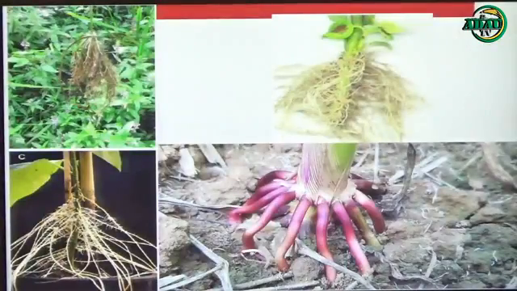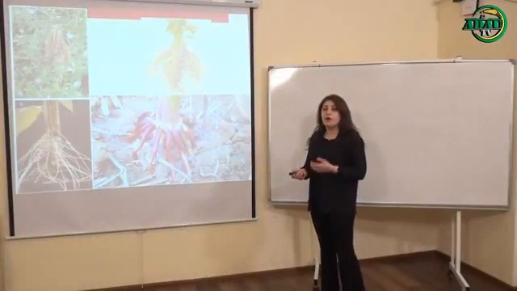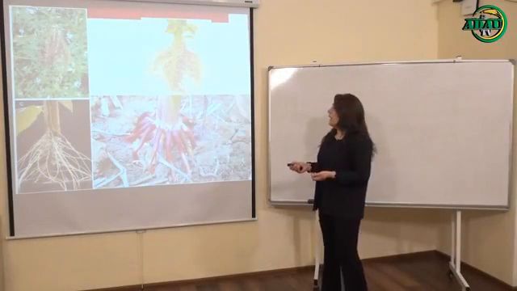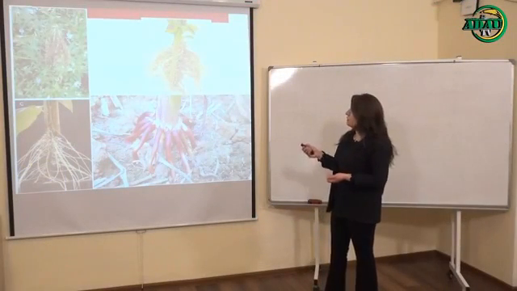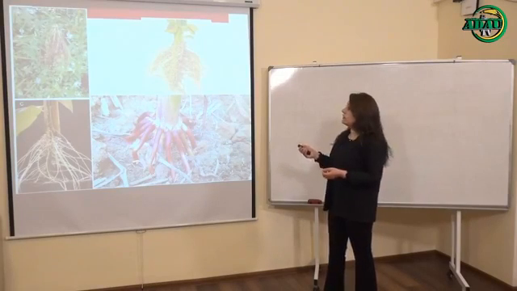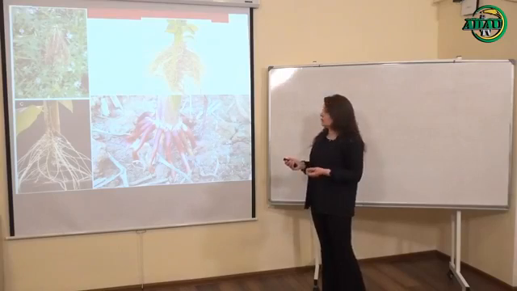Now about adventitious roots. What is an adventitious root? Roots that develop from any part of the plant body other than the radicle are called adventitious roots. They develop from the base of the stem or nodes or internodes, and together adventitious roots with their lateral branches constitute the adventitious root system.